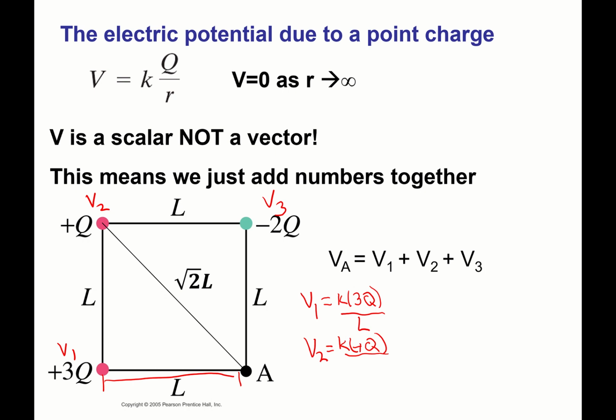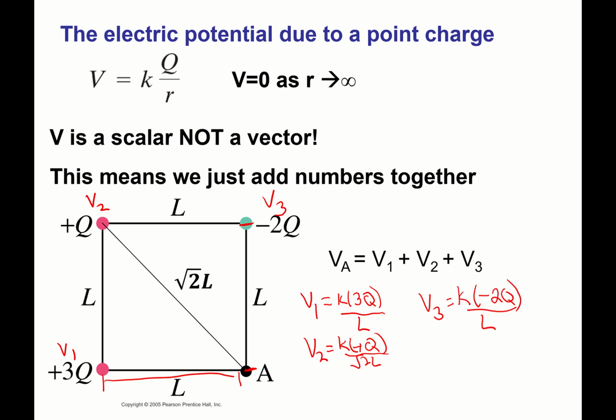Distance to that charge is a diagonal, which is root 2L. And V3 is going to be K times charge 3, which is minus 2Q, and the distance between that blue charge and point A is L.